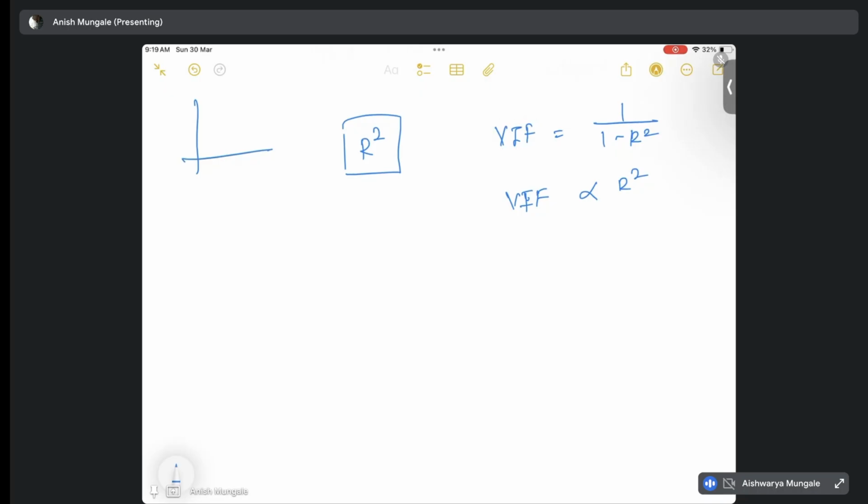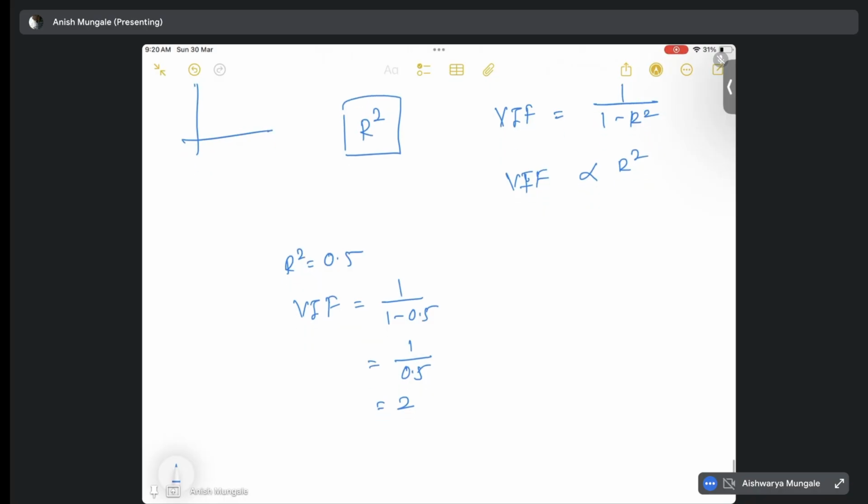If R square equals 0.5, VIF equals 1 by 1 minus 0.5, which is 1 by 0.5, which is 2.